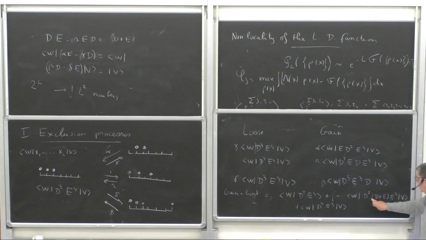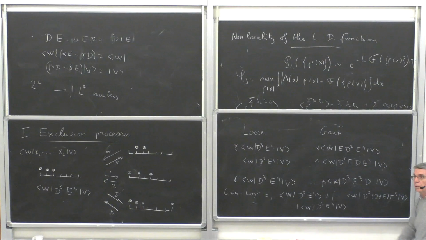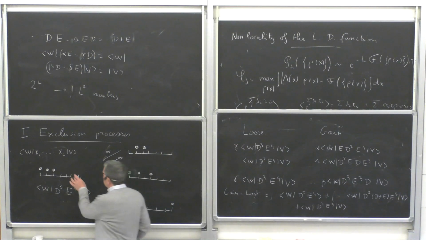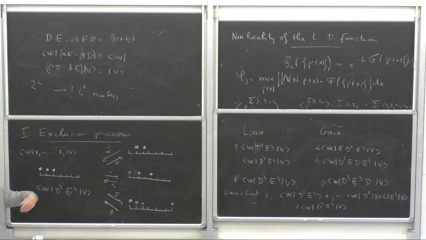So you have d squared e4 here, which simplifies, and d cube e cube, which simplifies. Now, if instead of looking at this configuration, I had put more clusters, then the simplification would be the same, except you would have more lines.